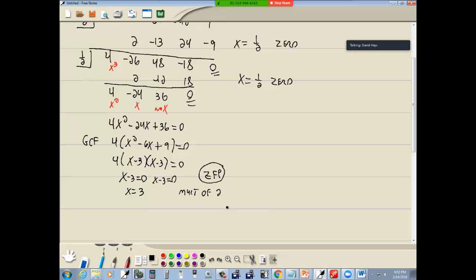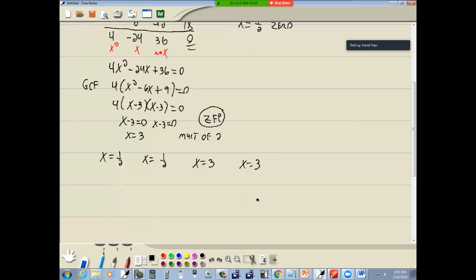So really what we have is x equals 1/2, x equals 1/2, x equals 3, and x equals 3. So for factoring purposes, if I were to take these and move them to the same side as the x, we would have x minus 1/2 equals 0, x minus 1/2 equals 0, x minus 3 equals 0, x minus 3 equals 0.